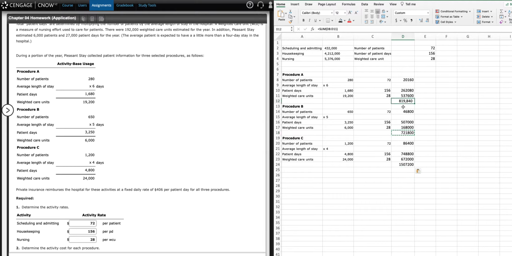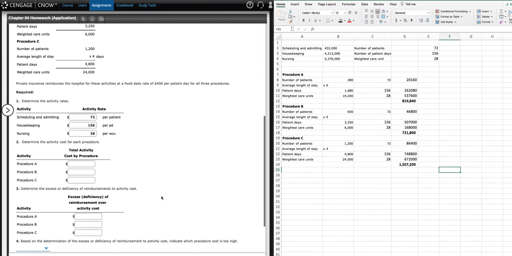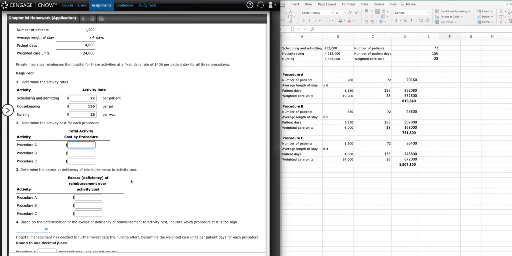And make these bold so they're easier for us to see. Okay. And now I can transfer those over. So 819,840, 721,800, and 1,507,200.